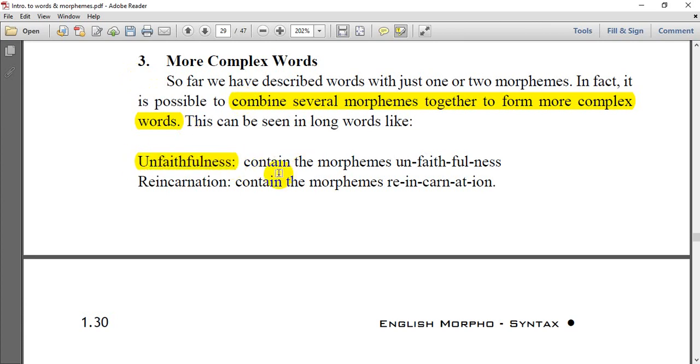Unfaithfulness is an English word that can be analyzed into morphemes: one, two, three, four. Unfaithfulness has four morphemes.